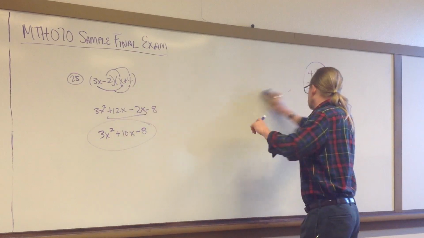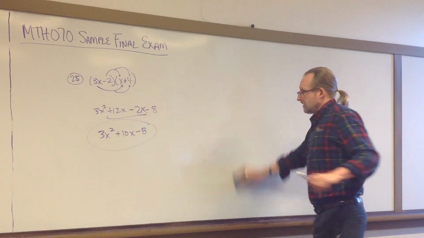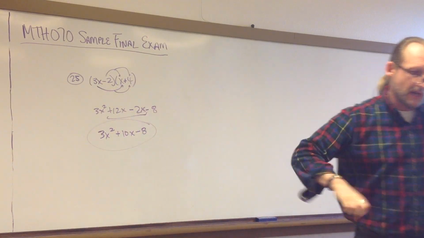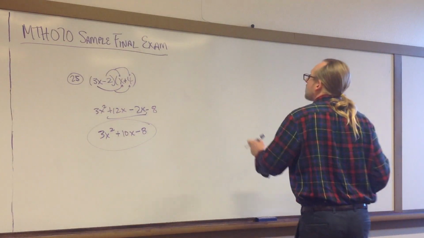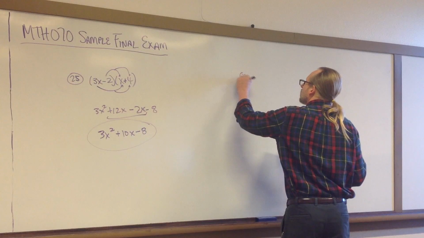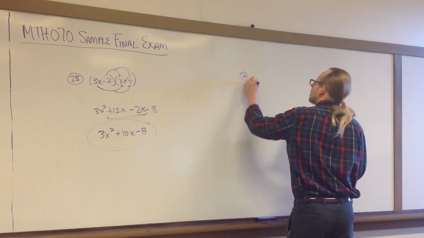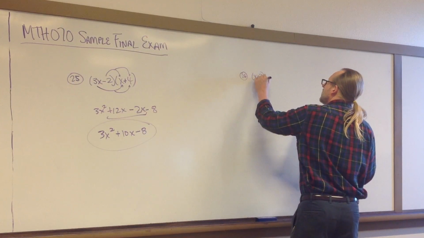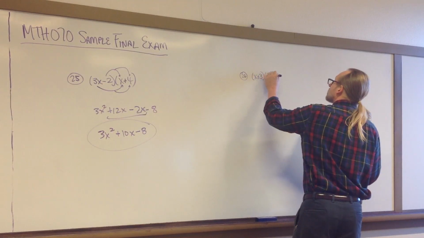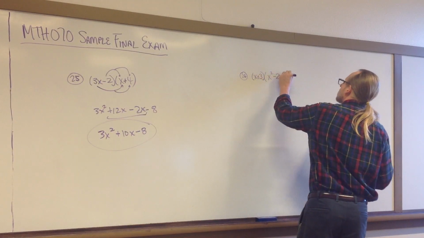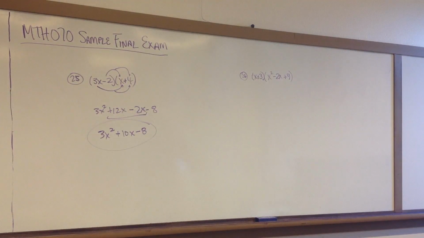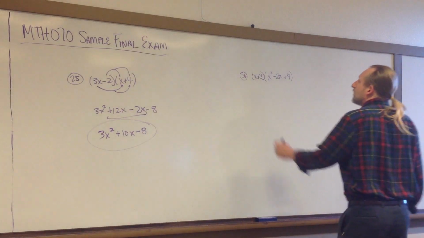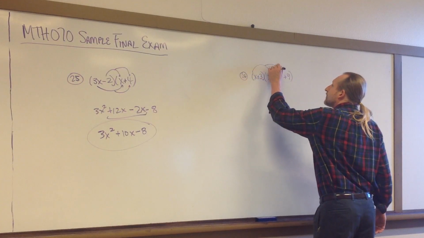Problem 26 is similar, except it's a little bit longer. It's one of those ones where you've got a binomial times a trinomial. So, x plus 3 times x squared minus 2x plus 9. So, first I'll distribute the x to 3 different places.